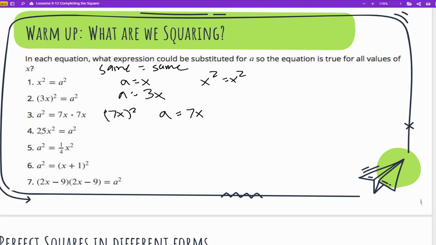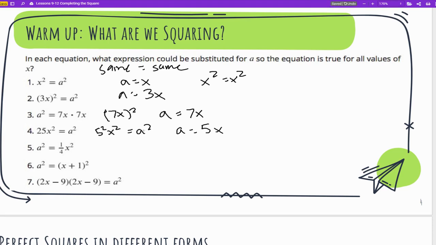So is 25 by itself a perfect square? Well, yes, it is. It turns out that 25 is 5 squared. And then x squared equals a squared. Knowing this, it might become a little bit clear here that a is equal to 5x.